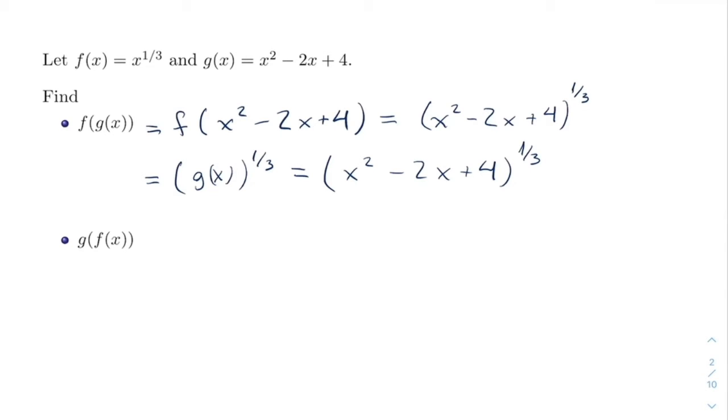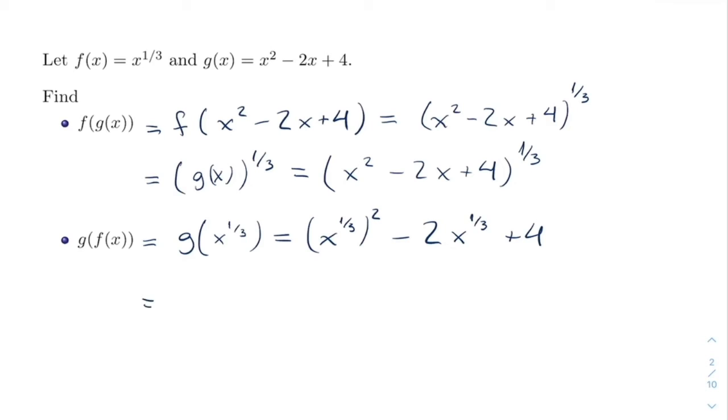In the second case, we have that this is g of x to the 1/3. So this is equal to x to the 1/3 squared minus 2x to the 1/3 plus 4.